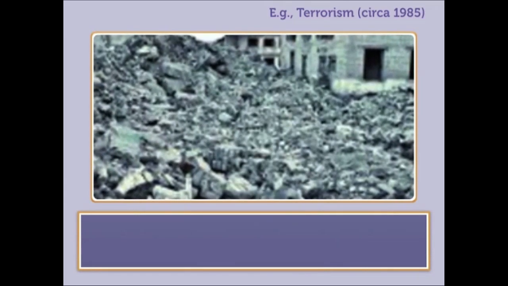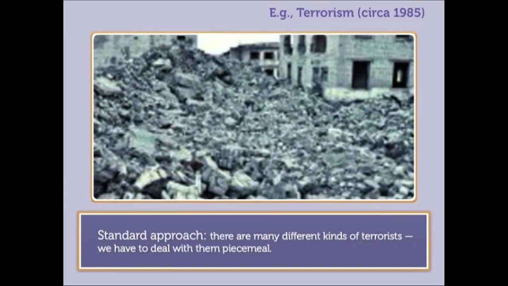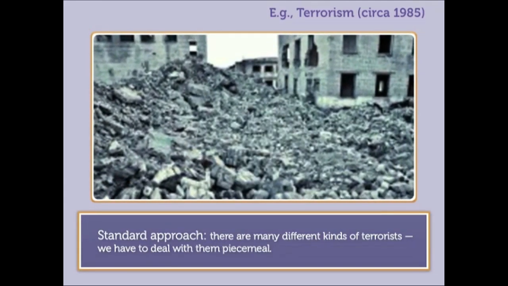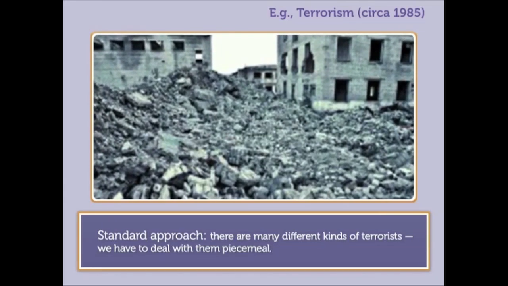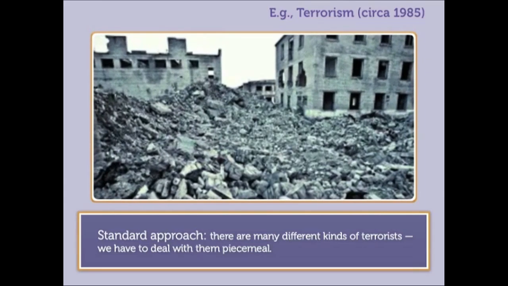To give you an obvious, immediate political example, take the terrorist eruptions. Now, the standard view today, whether the New York Times or otherwise, is, well, there are so many different kinds of terrorists, for so many different kinds of reasons. It's a complicated world. There are no easy answers. We have to deal with each piecemeal.